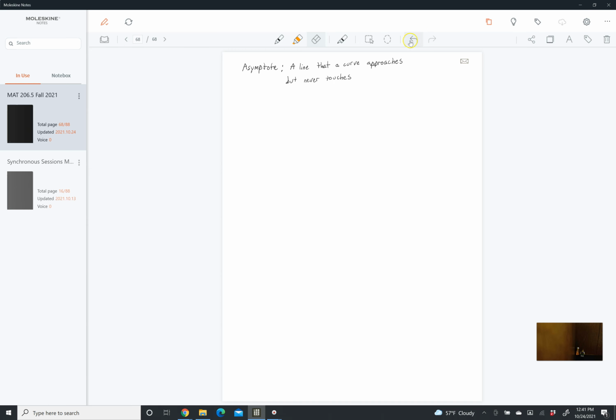So vertical asymptotes are not in the domain of the function, and horizontal asymptotes are not in the range.